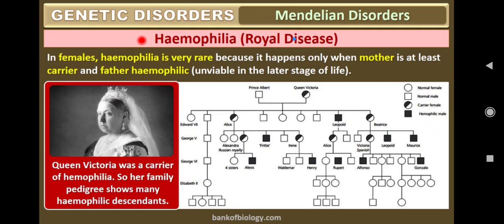The females are only carriers here. When they receive both X chromosomes recessive, then definitely the females will be affected. Here is the pedigree chart of Queen Victoria. Look at this.